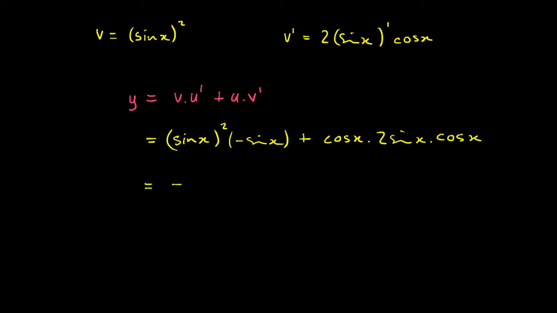This is going to be negative sine x cubed, isn't it? Negative sine cubed x plus 2 lots of cos x times by sine x. Okay, all right, so that's my dy dx. Sorry, beg your pardon, that's not y, it's dy dx, y prime.